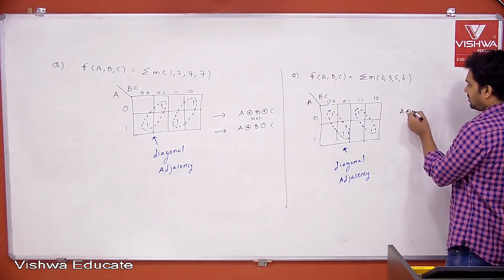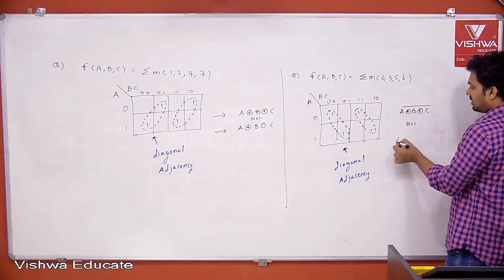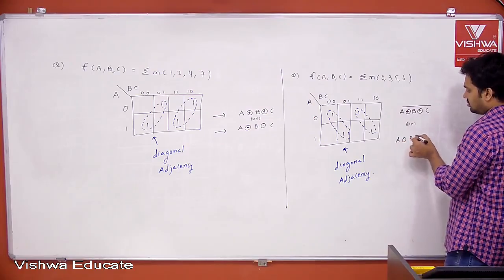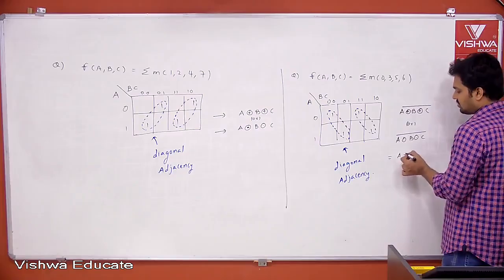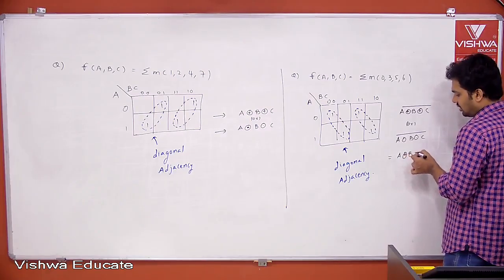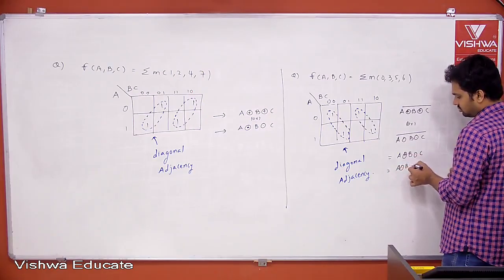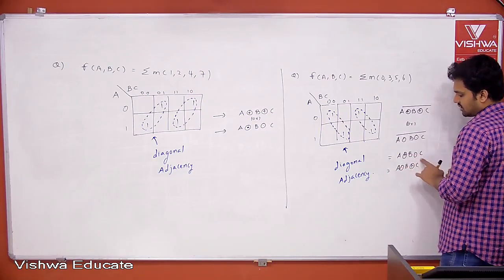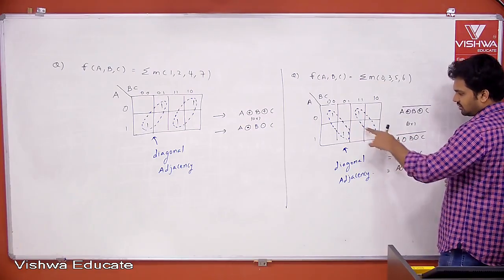So your answer will be the complement of A XOR B XOR C, or you can also say the complement of A XNOR B XNOR C. You can check the expression by converting it into canonical form and checking whether it gives this one or not.